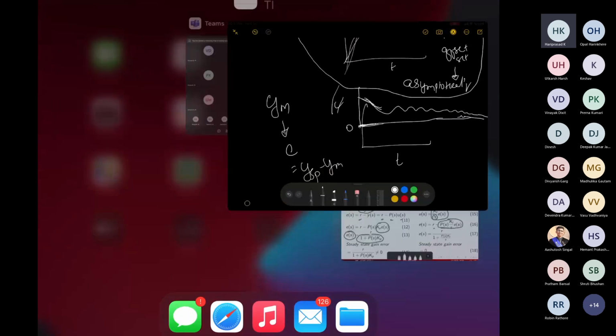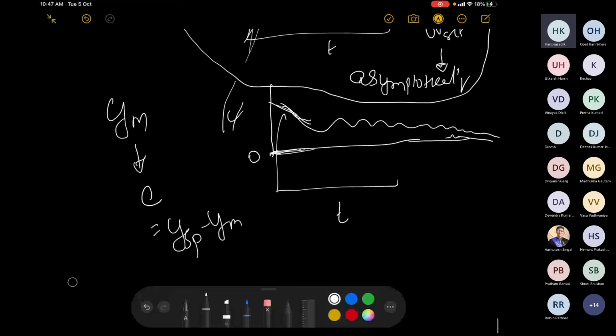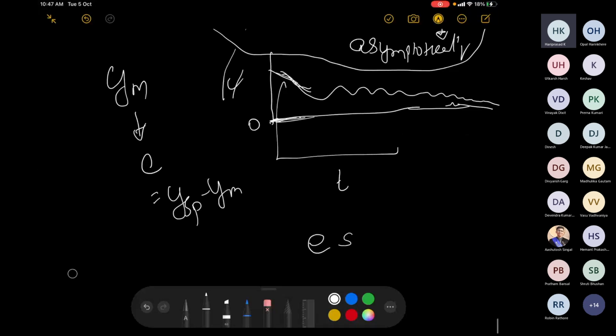Now we are trying to see how the error profiles look. We are calculating E of S to see its nature, and getting the nature of E of S tells us the nature of E of t, because you just need to take an inverse.